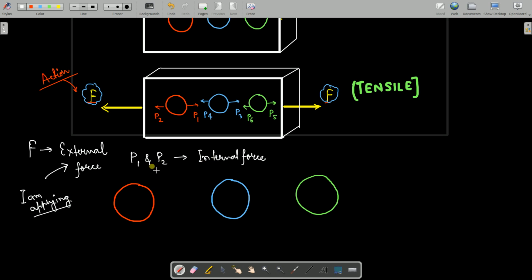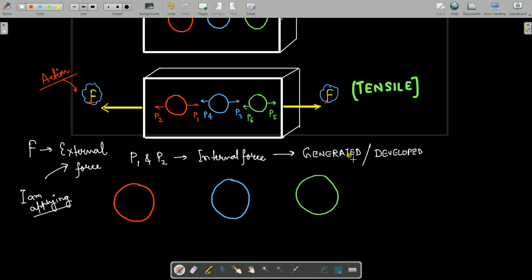Who is applying P1 and P2? Dear, P1 and P2 are not being applied. They are generated or developed. So internal forces cannot be applied.